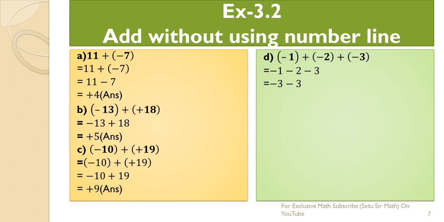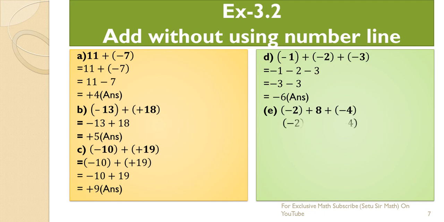So 2 and 1, that would be 3, and the sign will be the bigger number's sign. That means the bigger number is 2, the sign will be minus, and another minus 3 we already have. So minus 3 and minus 3, that would be minus minus, that would be plus. So 3 and 3, that would be 6, and the sign will be minus, because here all the signs are minus.